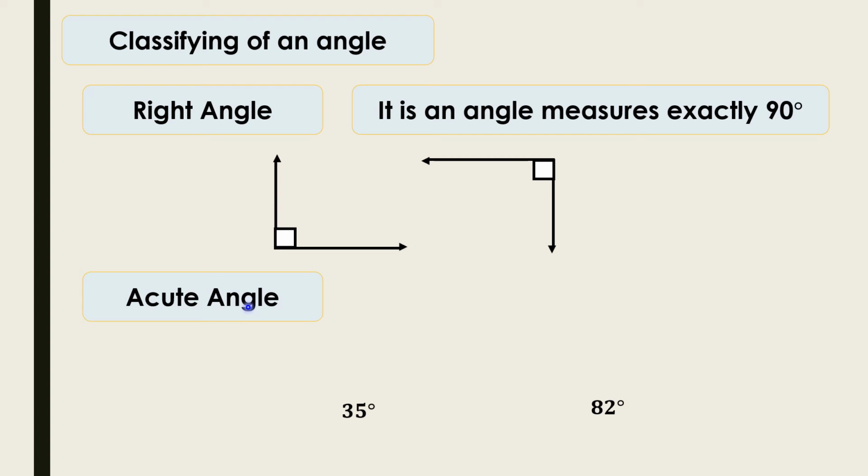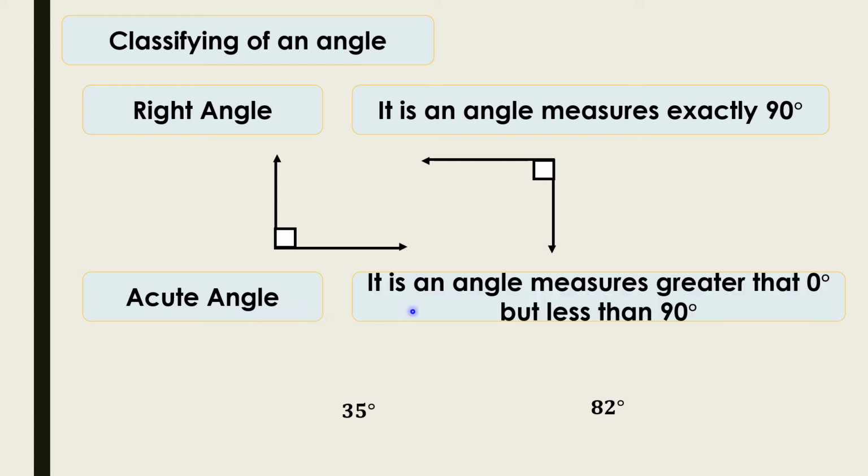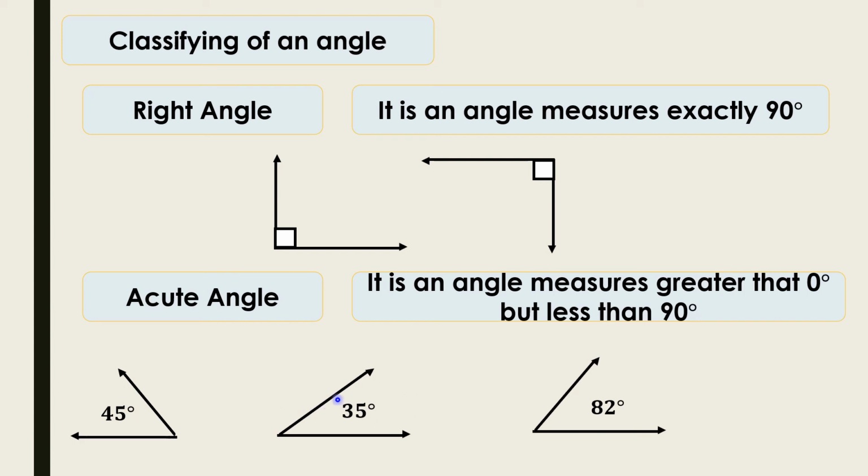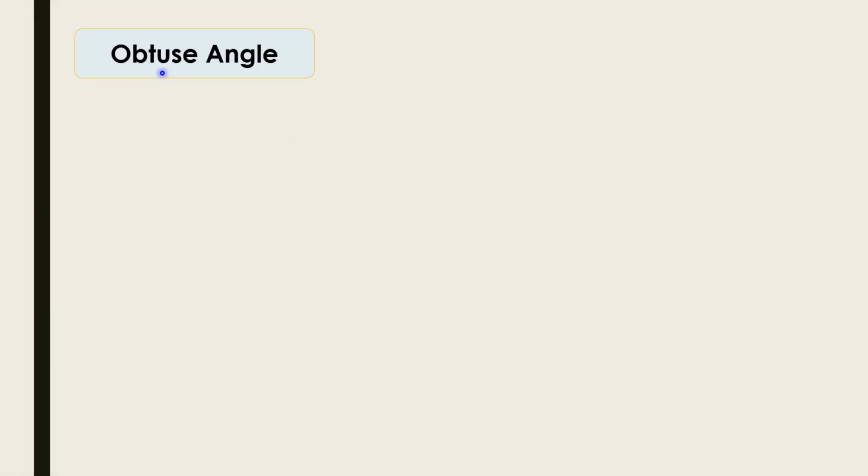Next classification is the acute angle. What is an acute angle? It is an angle measuring greater than 0 but less than 90 degrees. These are common illustrations of acute angles. As you can see, 45 degrees is greater than 0 but less than 90, and also 35 and 82. Next, the obtuse angle.